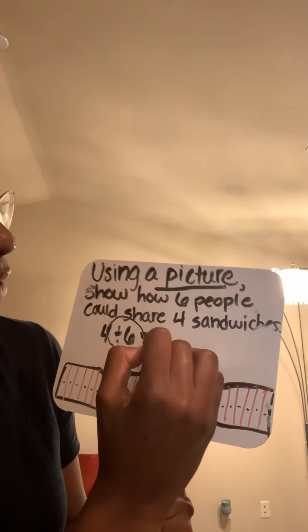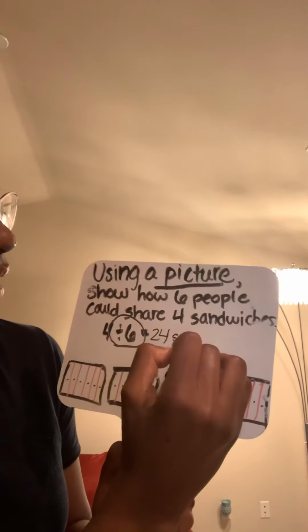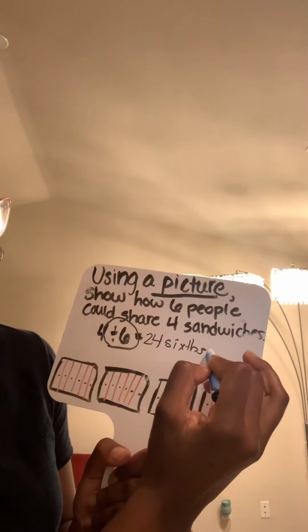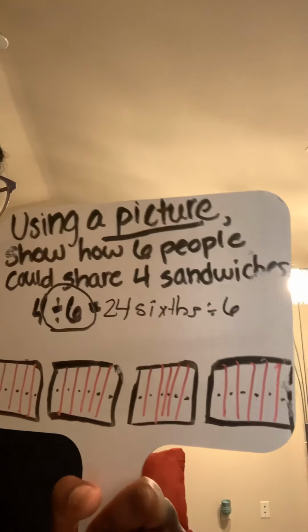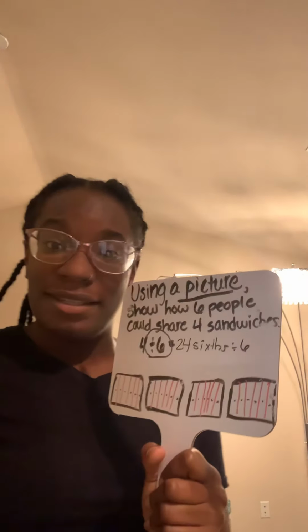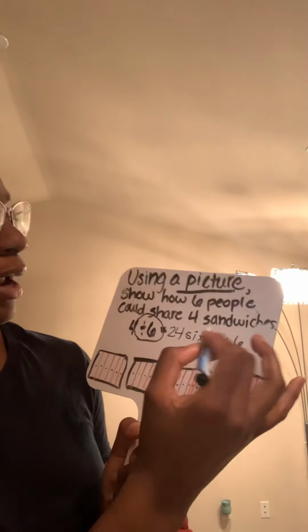All right? So, same thing that we did last time. I'm going to write out 24/6, and we're dividing that by 6. And once again, we've got that easy math. 24 divided by 6, we know is 4, correct?